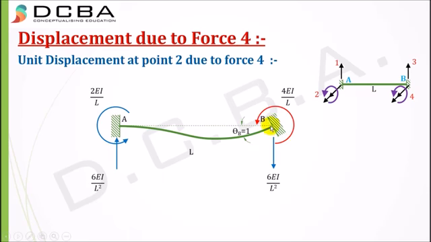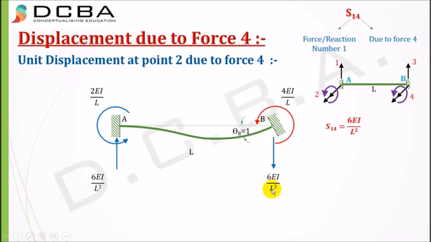The moment of magnitude 4 EI by L causes a rotation of theta b equal to 1, and the reactions formed are 2 EI by L, 6 EI by L square, and 6 EI by L square at both the ends. Let us write now the stiffness elements.